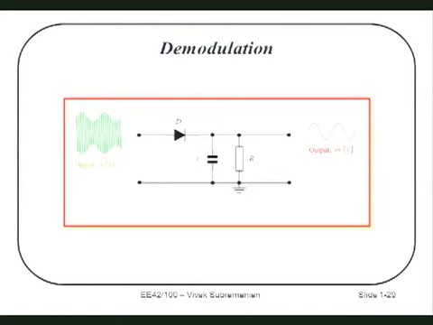The only problem is, because this is going positive and negative, the moving average is 0, since it cancels out. So all I need to do is cut off half the signal. If I get rid of this, and then take the moving average with a really, really slow circuit, I will get a signal that looks like that, and I can put this to my loudspeaker, and I can hear the radio.